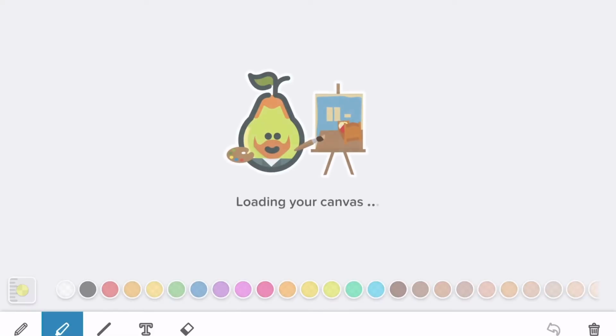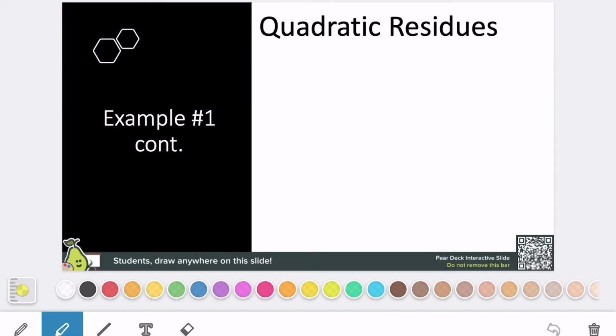Okay, so now we want to list the quadratic residues based on what we just saw.